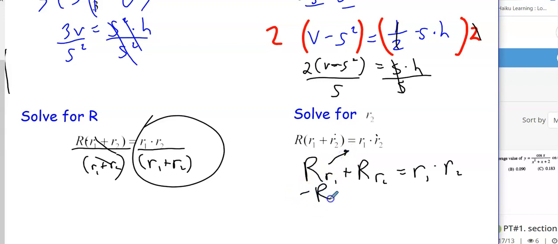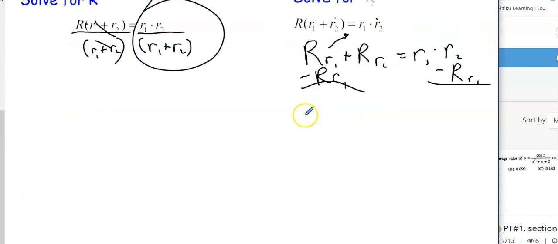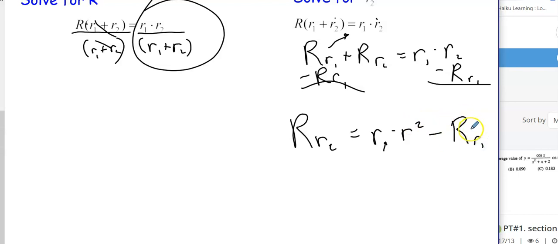So I'm going to maybe subtract this guy, get this guy over to the other side. So minus R1, minus R1. So I get, let's see, R2 equals R1 times R2 minus R1. Boy, this is confusing.